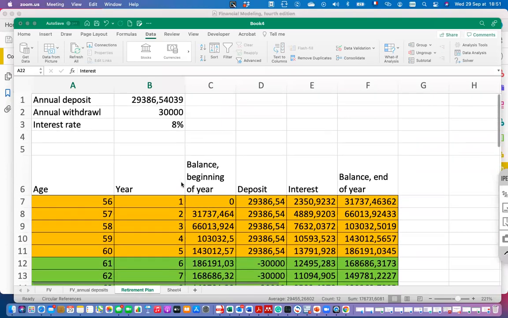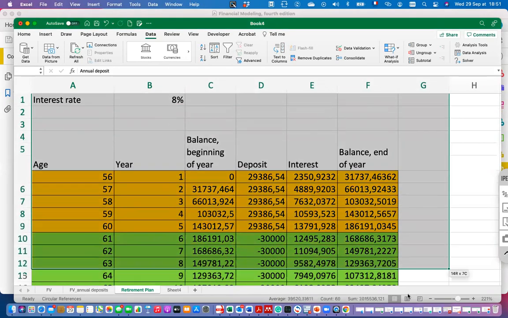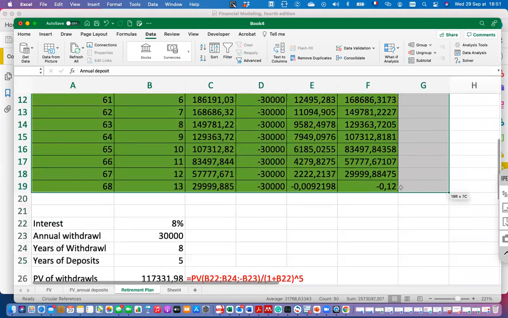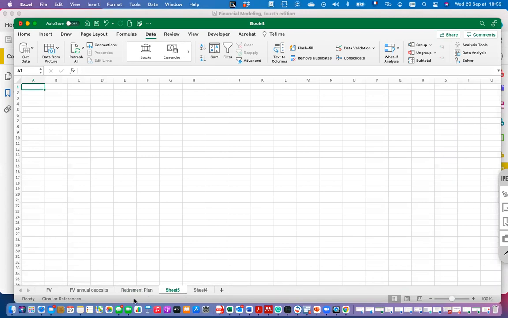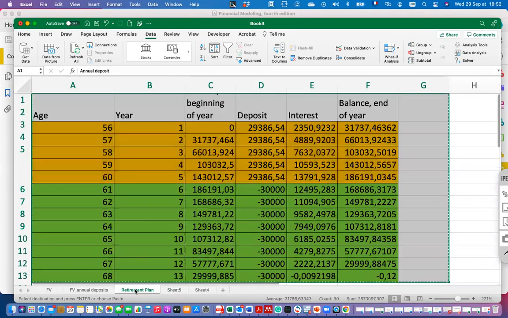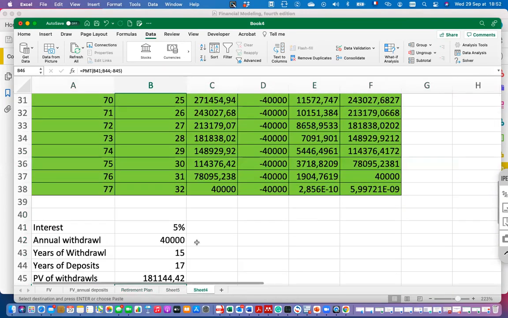We did this retirement plan in the previous exercise, right? To save time, I will just make a copy and paste it here.